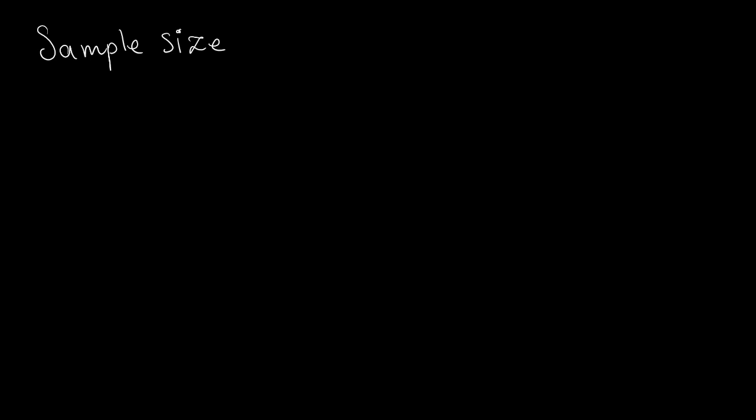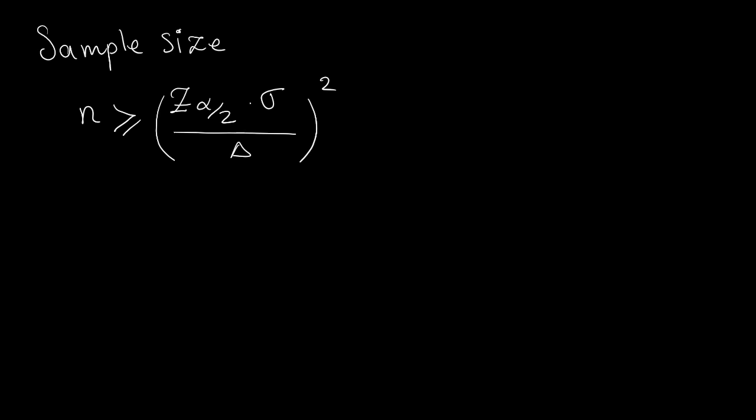So if we want the margin of error to be at most, for example, delta, for a given confidence level, for example 1 minus alpha, then n, the sample size, should be greater than or equal to z of alpha half times the standard deviation over delta, squared. And here again, delta is the maximum margin of error.